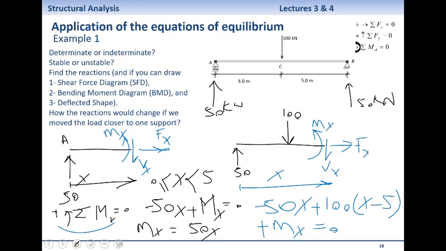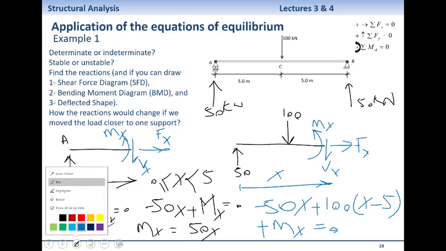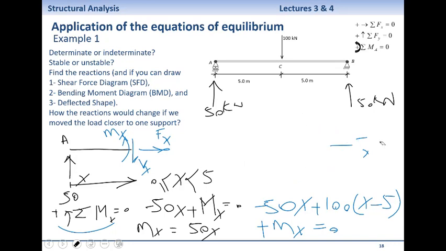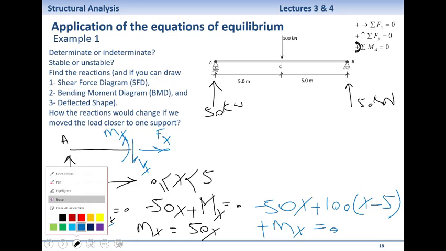But if I now just quickly draw what we have, and I urge you to do it after this class, but I'll quickly do it. This is how we draw a bending moment diagram. Again, this is all review of what you've done in the past.